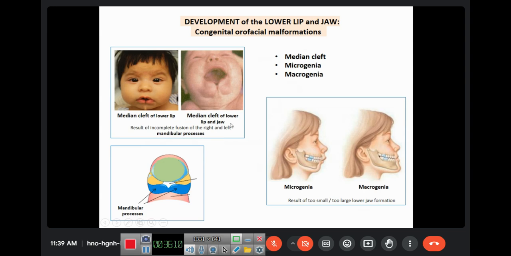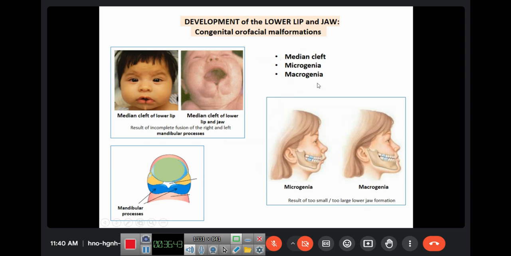And the second form is the median cleft of both lower lip and jaw, seen in this picture. So it is a worse case than this one. In this case, the jaw is fused, but the lip has a cleft, incomplete fusion. So it is the result of incomplete fusion of left and right medial mandibular prominences.